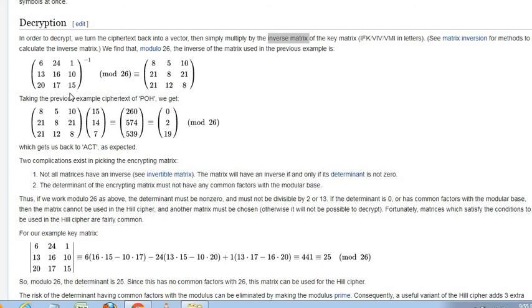Likewise, the inverse key matrix is found, and that value is multiplied with the ciphertext value. After getting the value, we divide by 26 again. The remainder value, 0 to 25, is termed the retrieved plain text. This is what the algorithm says.